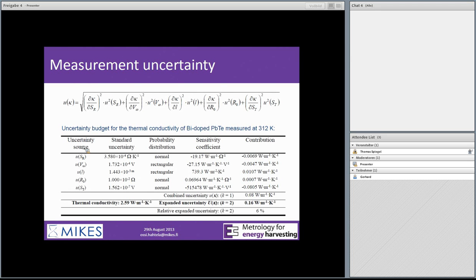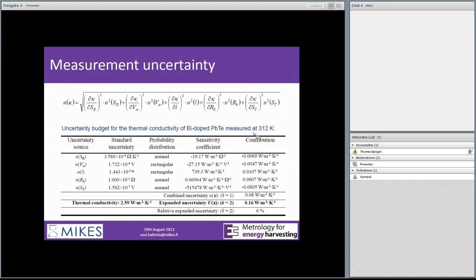So we have the uncertainty sources here: the uncertainty due to the temperature dependence of the strip resistance measurement, uncertainty due to the 1 omega voltage measurement, uncertainty in the determination of the length of the heater strip, uncertainty of the heater strip resistance measurement, and the largest part comes from the determination of the slope of the 3 omega voltage measurement as a function of frequency.